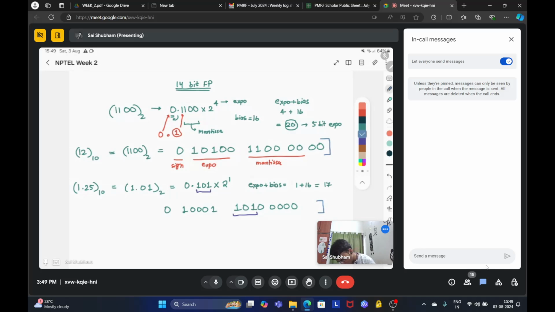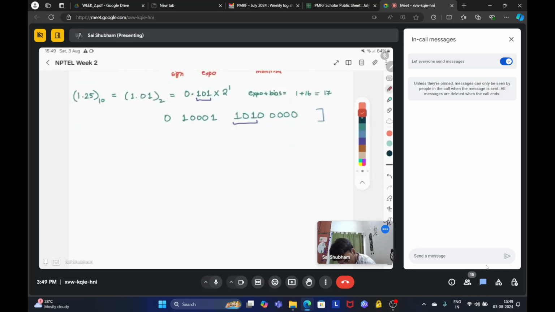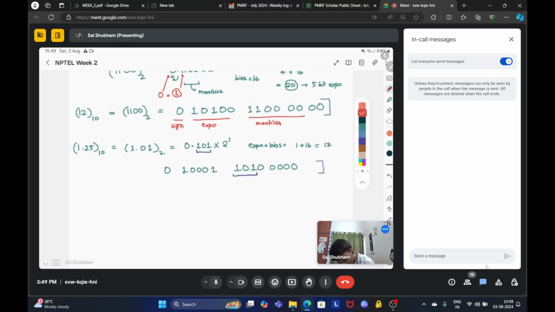Now there is this concept: if you have to add two floating point numbers, the exponent should be the same.